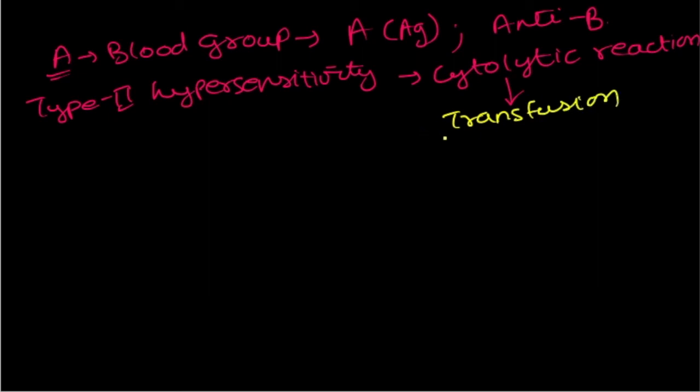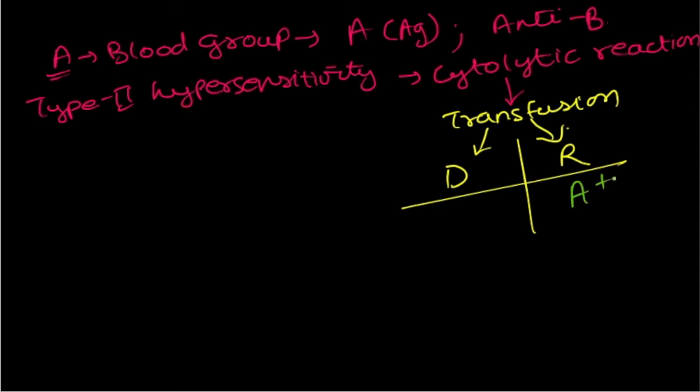Now, what is transfusion? In transfusion, there are basically two individuals. One is the donor, one is the recipient. So, before giving blood, it is always checked whether the recipient carries the same blood group as the blood which he has to receive from the donor. For example, if the recipient has the blood group A positive, then that individual can receive the blood only from those individuals who carry the same A positive blood group.